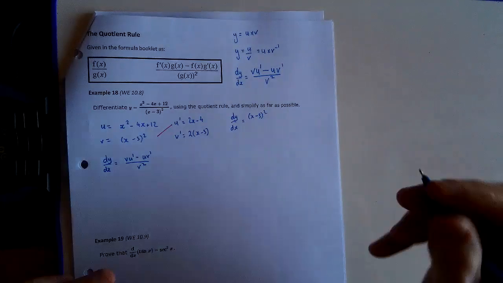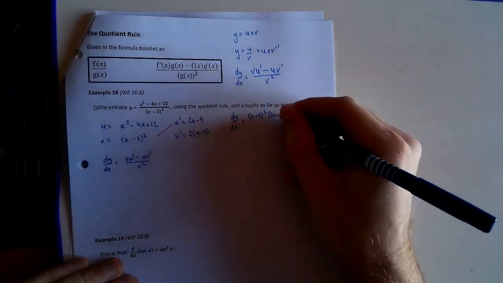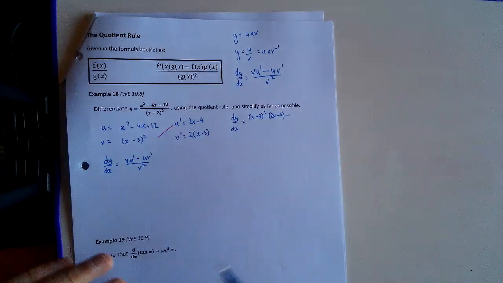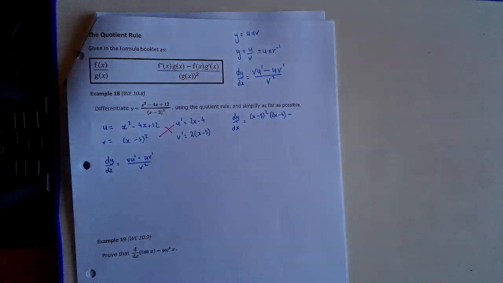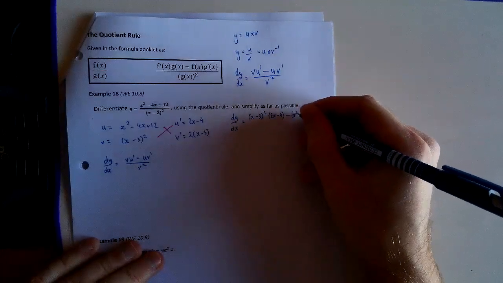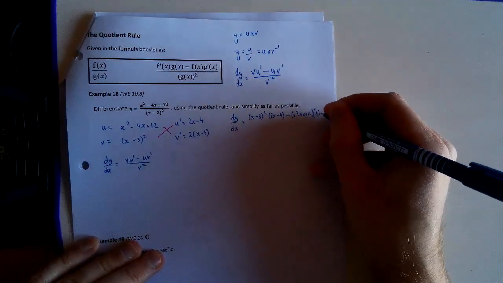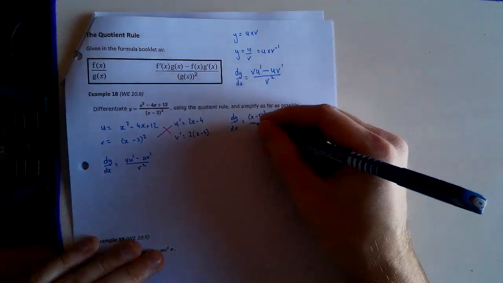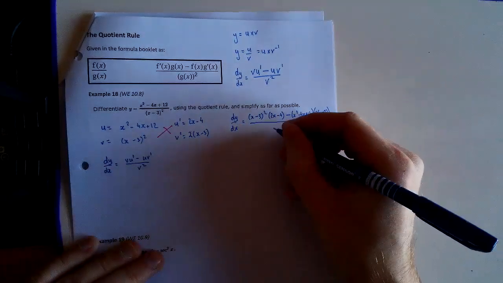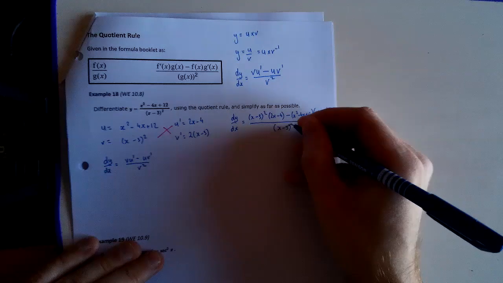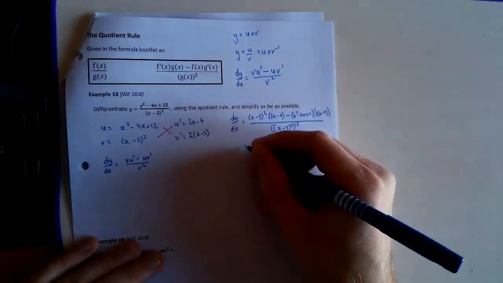So we still get the same pattern, times 2x minus 4, take away these two, so x squared minus 4x plus 12 times 2x minus 3, all over the bottom, so v squared.